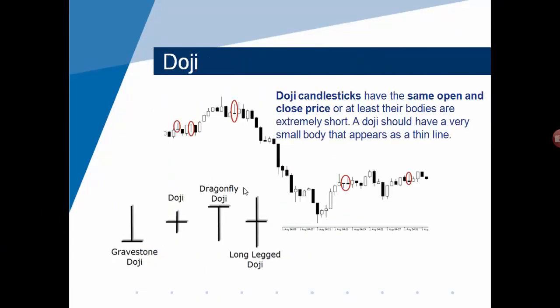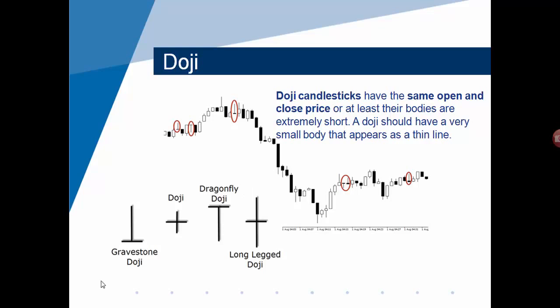Now we have what are called Doji candlesticks. Now these have the same open and close price, or at least their bodies are extremely short, almost invisible. A doji should have a very small body that appears as a thin line. Again, these dojis are considered to be indecision candles.